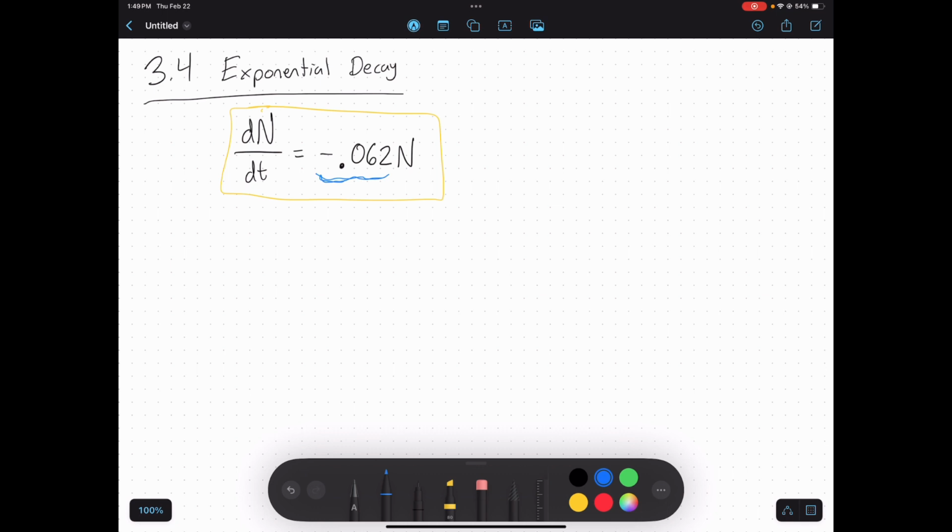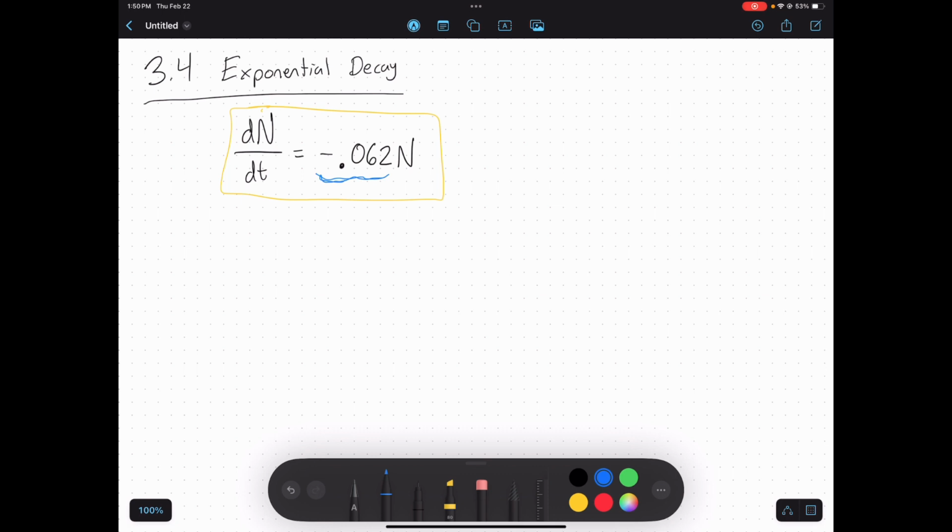Well, notice that in this case, it's negative. That constant is negative. What does that tell you about how it relates? It relates in a negative relationship. If it relates in this negative relationship, what type of exponential function do I have?